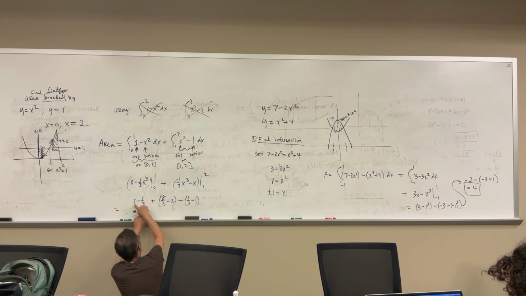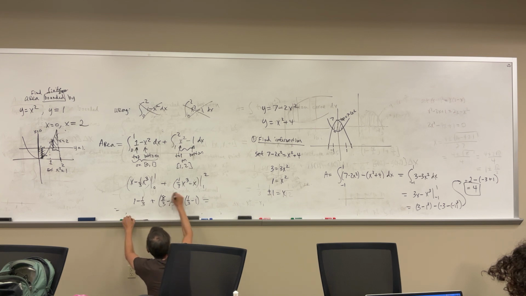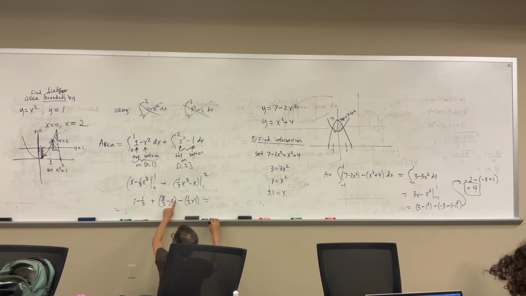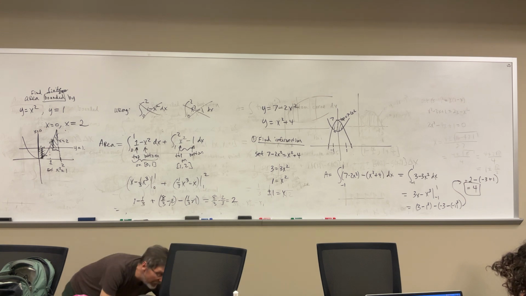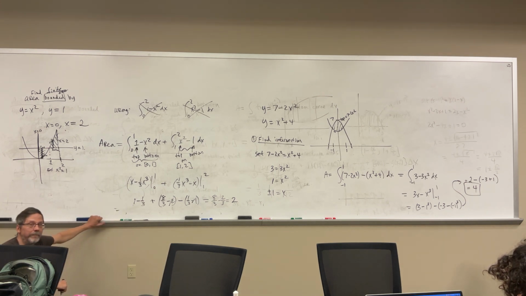There's some stuff that's going to repeat again here. We've got positive 2 minus 2, so these all cancel. And then I've got minus a third, that's minus 2 thirds. So 8 thirds minus 2 thirds is 6 thirds. That is, once again, just 2. That is my perfect area, the whole thing. Anybody get 2?